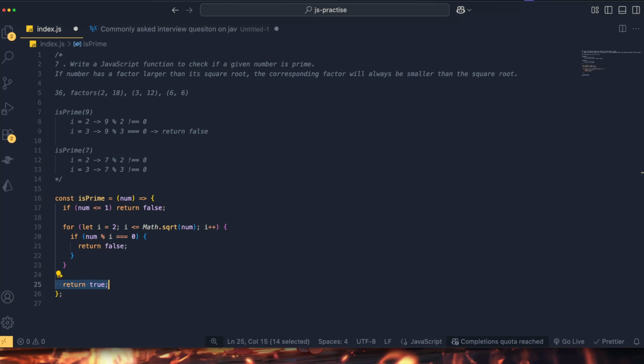So this is the particular logic which we used to find whether a number is prime, using the square root method. There are different ways to figure out whether a number is even or not. They simply divide the number, and if the remainder is not equal to 0, they say it is odd.